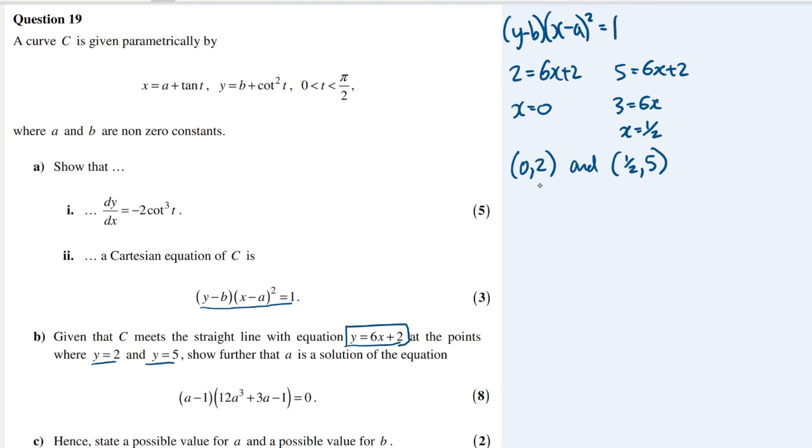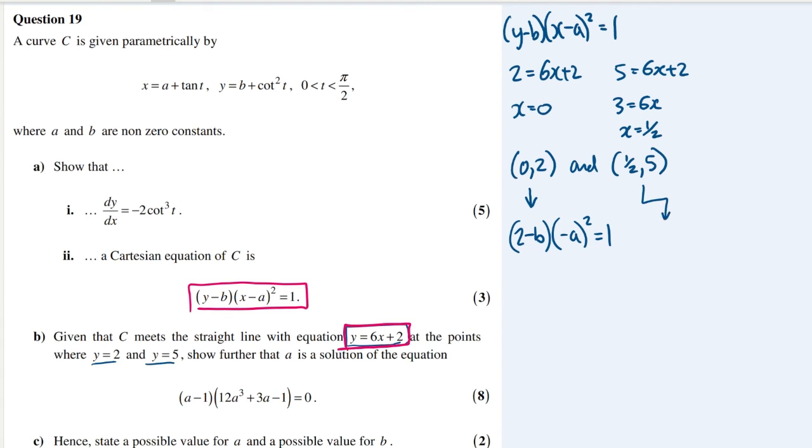Okay, so these coordinates, we know that they fit on the straight line, but we also know that they fit on the curve as well, which means I could substitute these coordinates into this curve and they would satisfy this curve. So subbing in the first one into the curve is going to give me 2 minus b for y, and then 0 minus a, so just minus a squared is equal to 1.